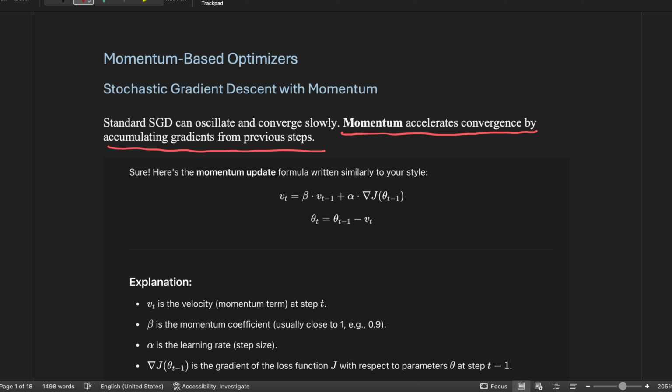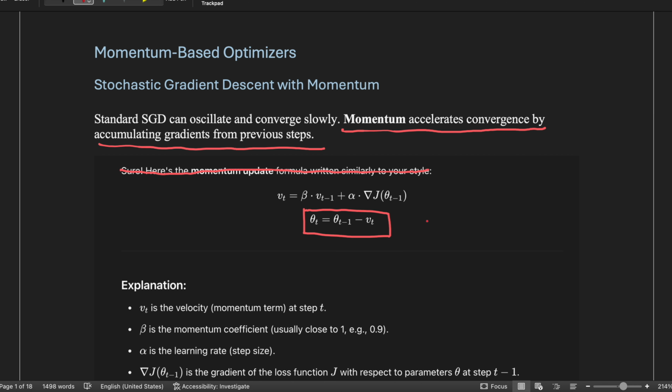Here is the momentum formula. The momentum update formulas are written similarly. This is the prompt I gave, so just remove this part. This is our formula of momentum. This is the weight update formula you already know. Suppose theta t is w new. Theta t is the parameter, and we are supposing w to be our parameter.